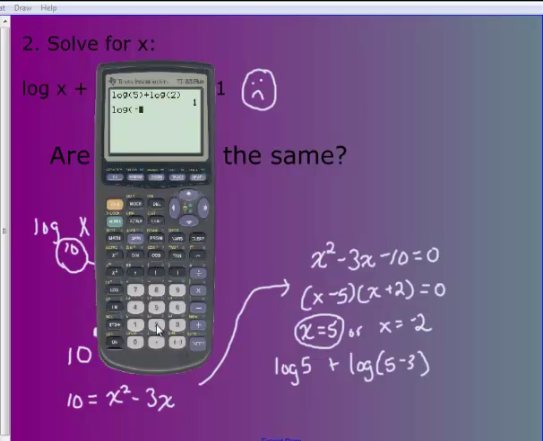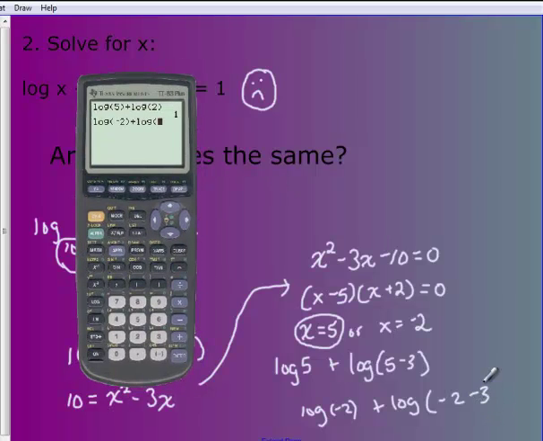Log of negative 2 plus the log of negative 2 minus 3, so that would have been the log of negative 5, and we get an error, a non-real answer. Yep, that's right. This is a reject answer. Didn't work. Calculator told us so.